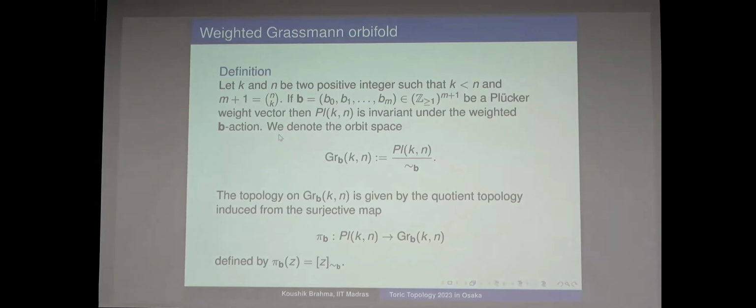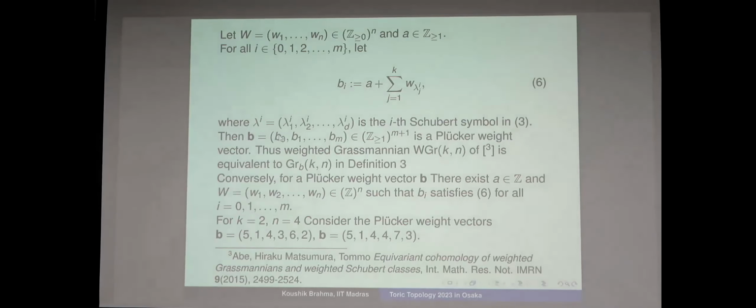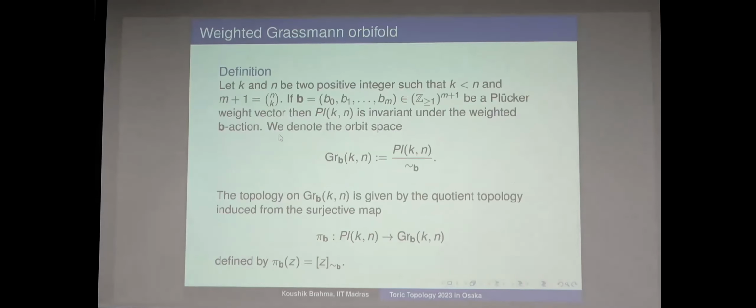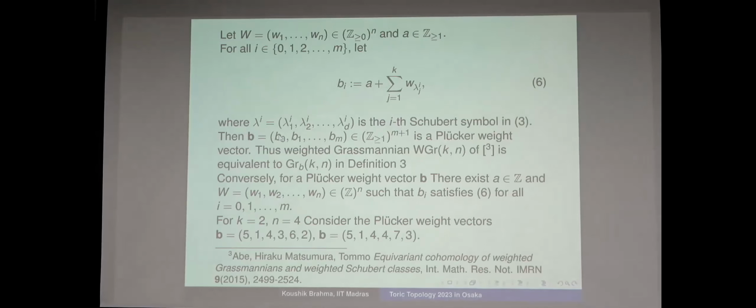Okay. So now the interesting thing is, is this space I have defined similar to the spaces weighted GRDN defined earlier? We can take a weight vector W equals W1 to Wn in Z greater than or equal to 0 to the power n and a positive integer a.